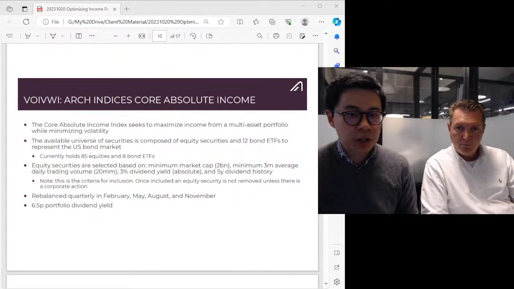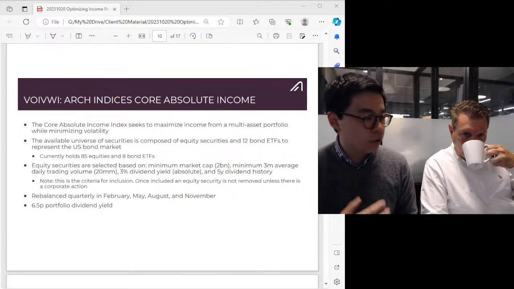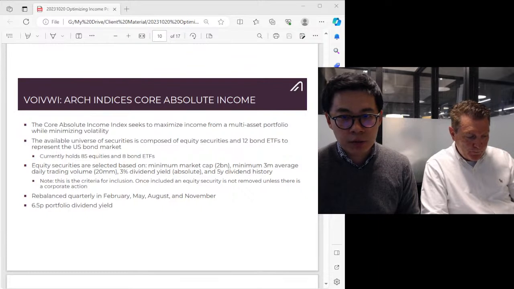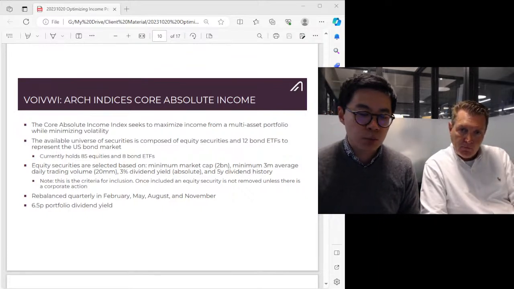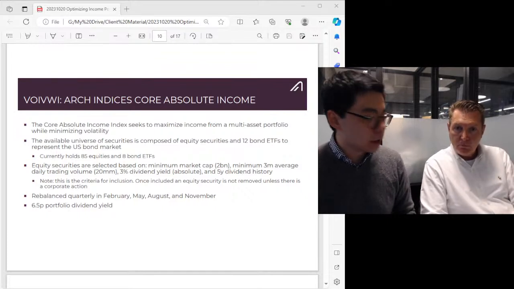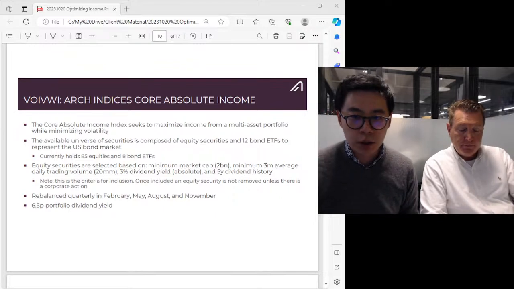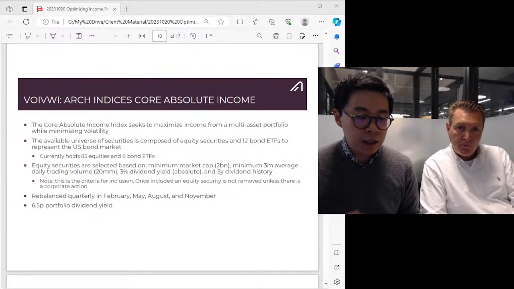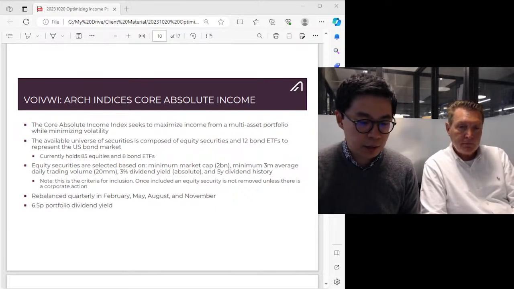In this process, you end up with about 450 available securities at the moment, and we pick 12 bond ETFs to represent the biggest parts of the U.S. bond market. Using a bond ETF is so much more efficient than using individual bonds, especially for scalability, transparency, and liquidity. So at any given time, this will hold about 60 to 100 stocks and 6 to 9 bond ETFs.